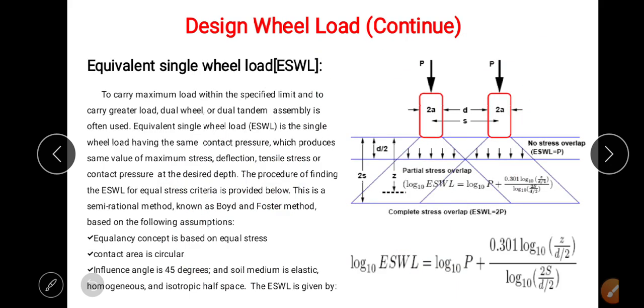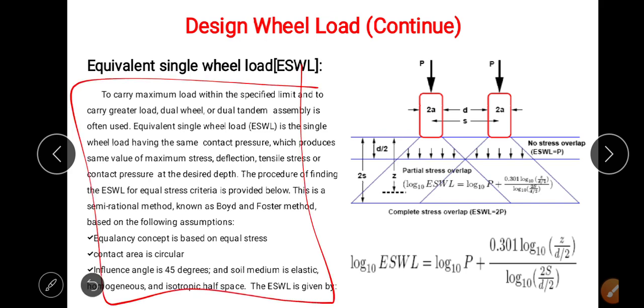Clear? Now, design wheel load. Whatever load is coming over the pavement through the wheels, the total of the individual loads will not be applied to the pavement. How is it? You look at the figure. I do not wish to read the typed matter.